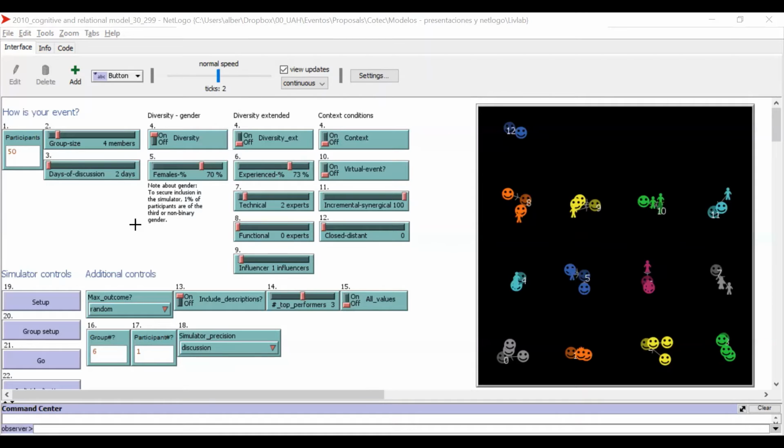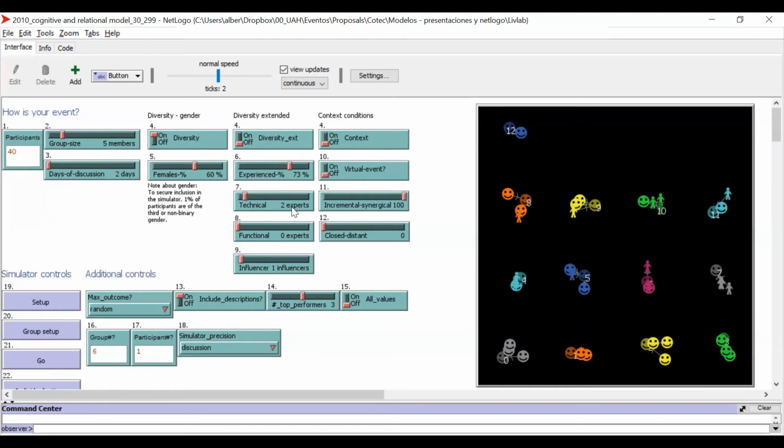Say, for example, that we want to check how an event of 40 people would do with a group size of 5 and 2 days of discussions. Maybe making this an event with more girls than boys, like 60% girls.